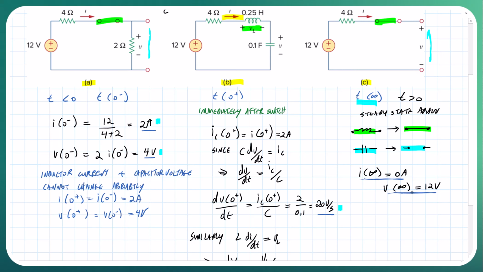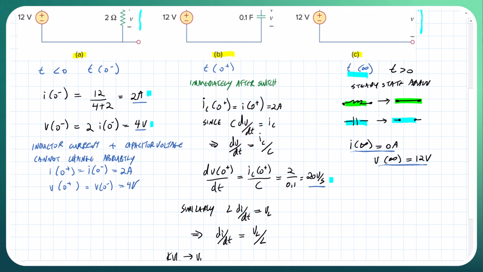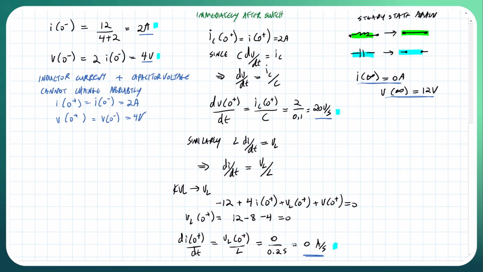Again, we break it down into the 3 stages. Before the switch is made, in this case it was closed for a long time, so you're at steady state. You can treat the inductor and the capacitor in their respective DC states. Then right after the switch is made, you're in circuit B, and that's where you do the majority of the mathematical analysis to get the values needed.